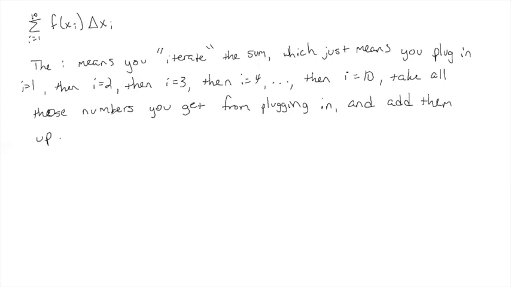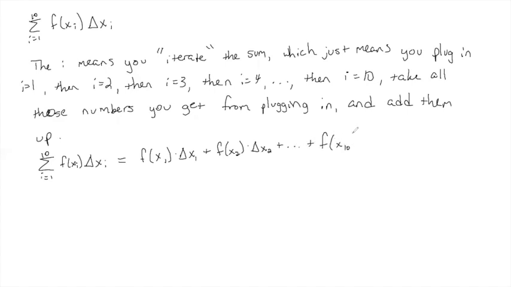Okay. So what I have is i equals 1 to 10, f of x sub i times delta x sub i. So this is exactly written as f of x sub 1 times delta x sub 1 plus f of x sub 2 times delta x sub 2 plus dot, dot, dot, plus f of x sub 10 times delta x sub 10.